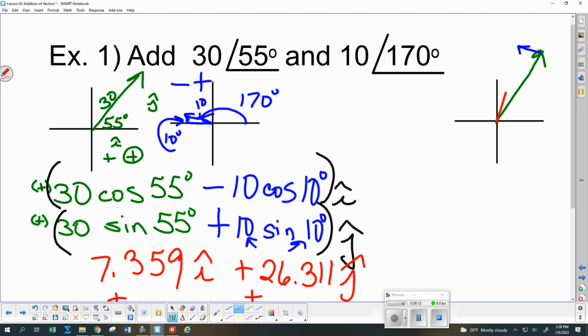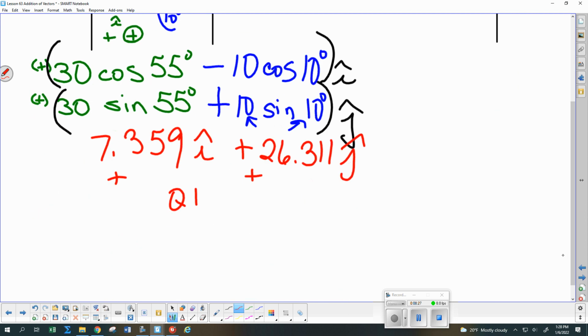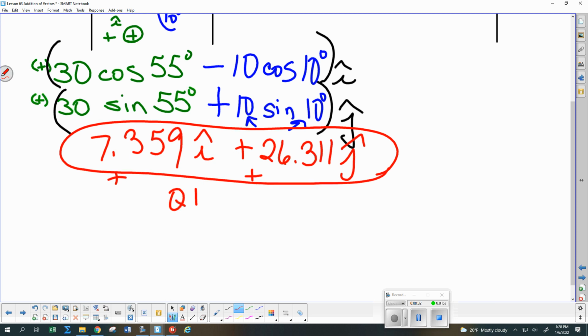Does it make sense to you that I am ending up in the first quadrant? Does it make sense, 7 to the right, 26 up, farther up? Is that what my vector looks like? Does it make sense? So you have now added correctly those two vectors.